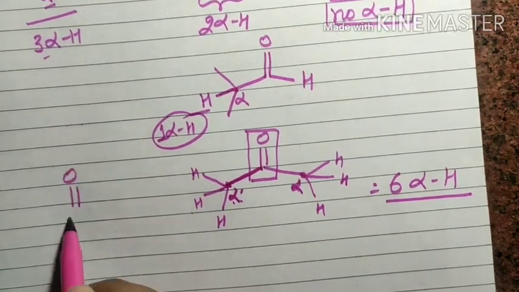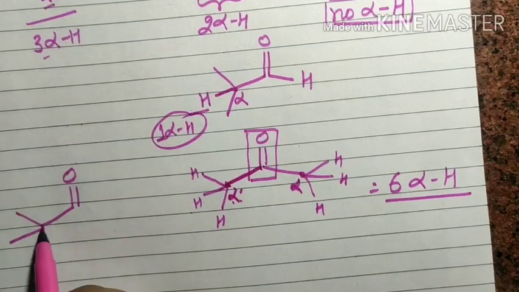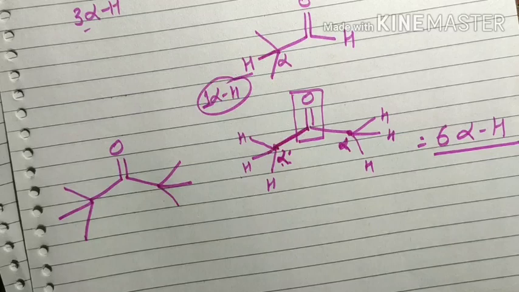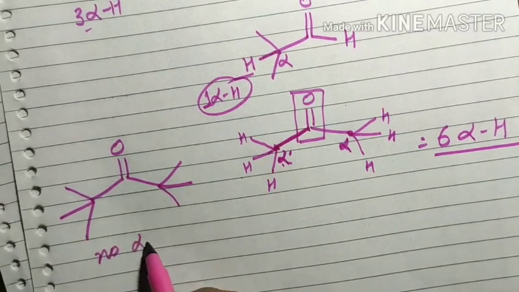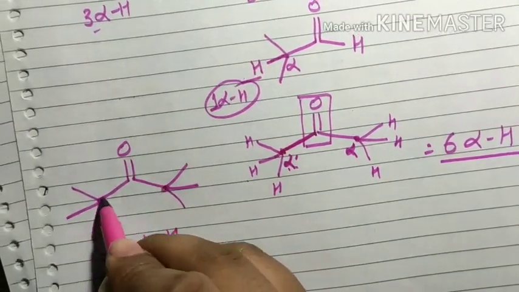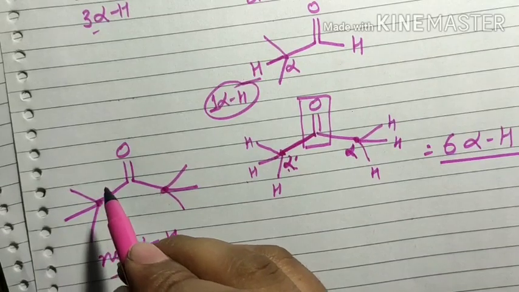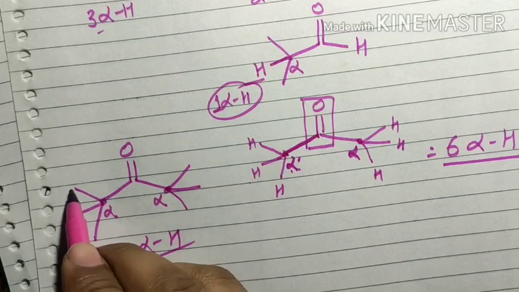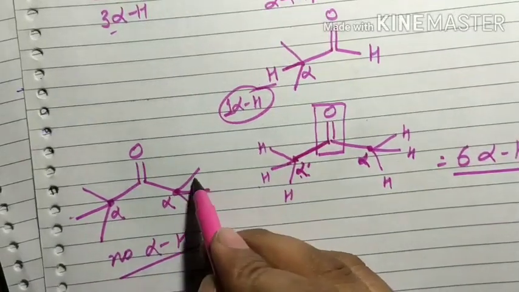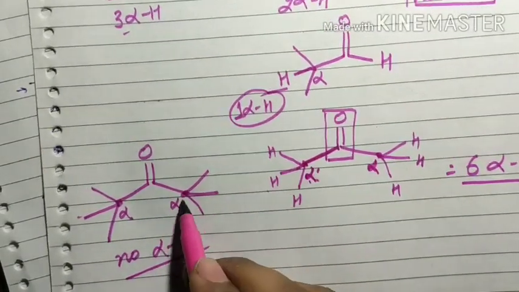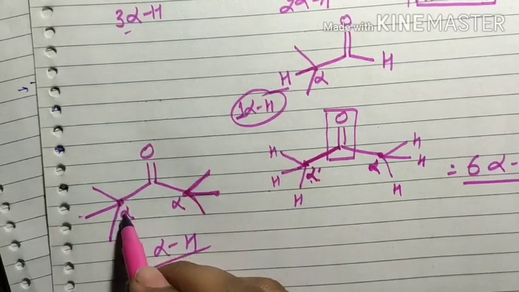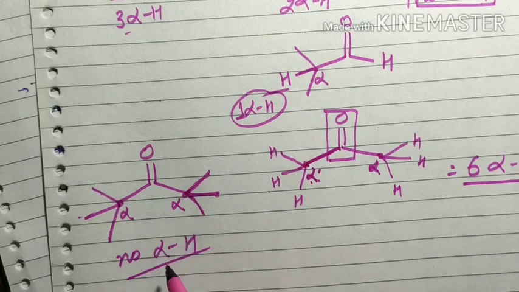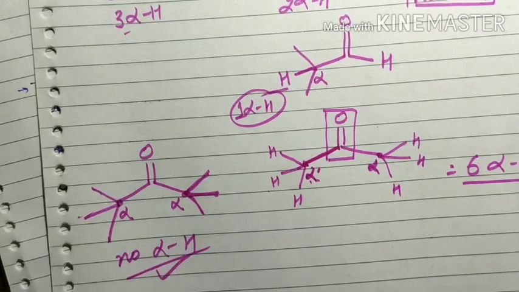Another example for a ketone: in this molecule there is no alpha hydrogen. Why? Because this carbon is an alpha carbon, but it is attached to other carbons, and all its bonds are with carbon, so no hydrogen is joined and no alpha hydrogen is present.